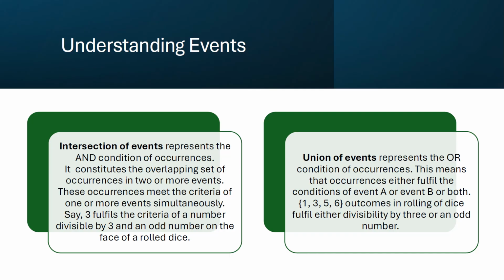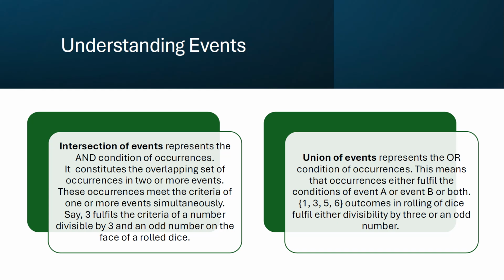Either it fulfills divisibility by 3, because 3 and 6 are the only 2 possible outcomes, or an odd number, which is 1, 3 and 5. So divisible by 3 and odd number together represent the union of the events.